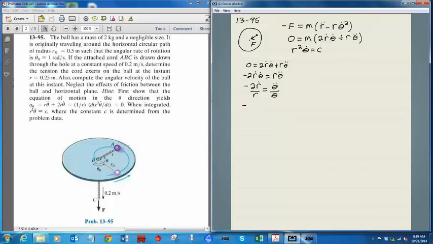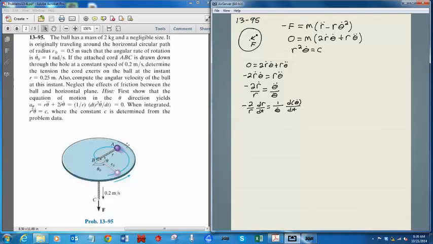So this would be a minus 2 over R dr/dt, and that will equal 1 over theta dot times d theta dot/dt.